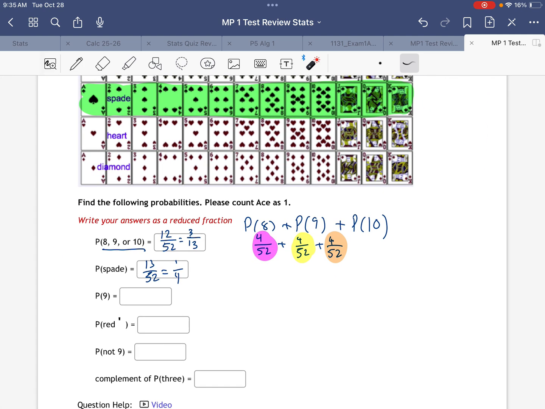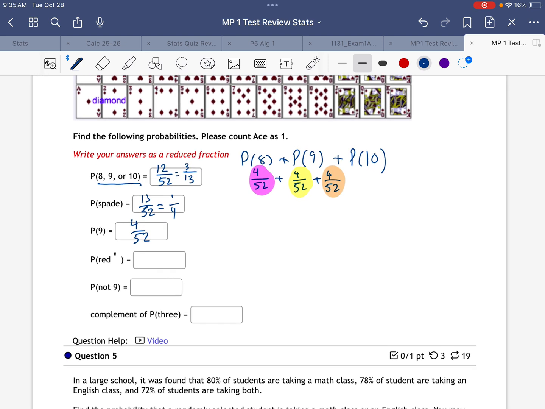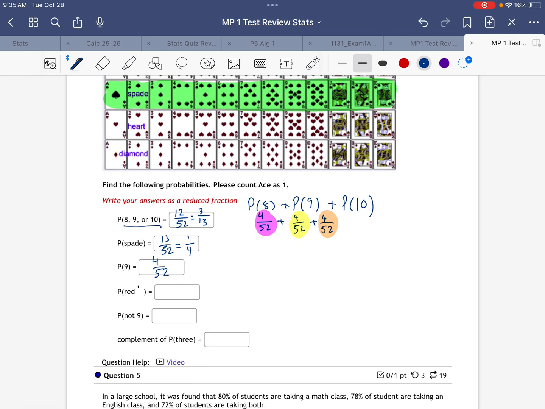We already talked about the probability of a 9. This was 4 out of 52. Now, I think this part, their formatting, is a little bit confusing because when they say this symbol here, this is like the complement. And we're talking about, like, not red.